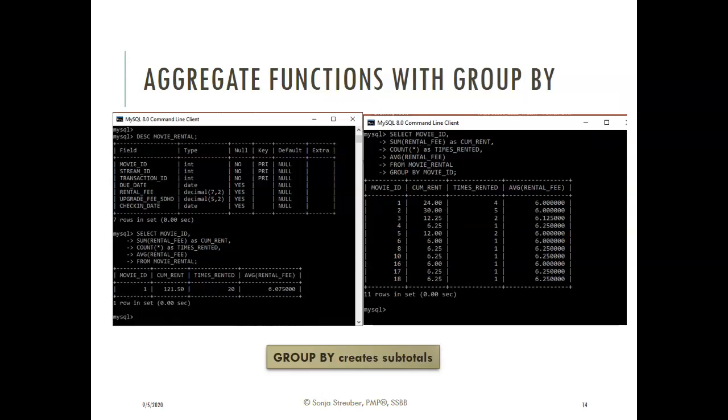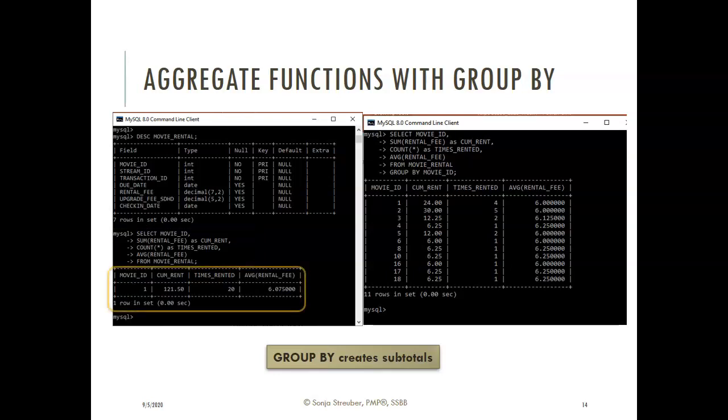Here we're seeing the query that we've run previously in order to get our movie ID, the sum of all rental fees as the cumulative rent, the count of all the rows in our movie rental table as the times that movies have been rented, and our average rental fee per movie from our movie rental table.